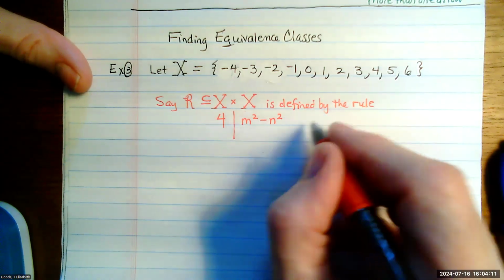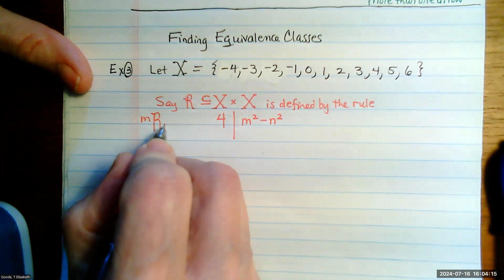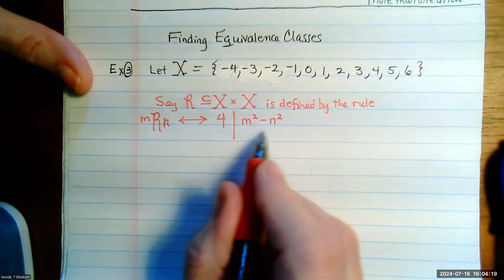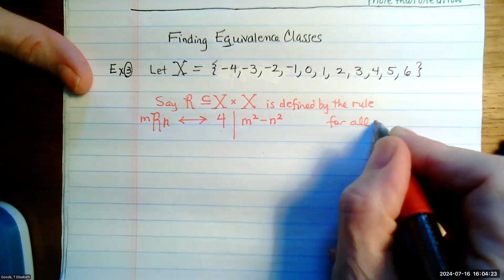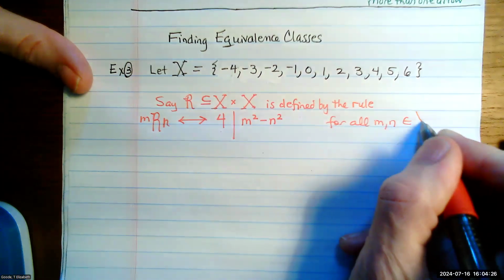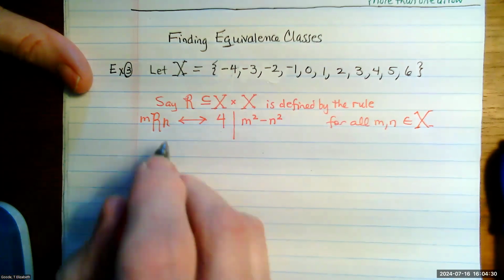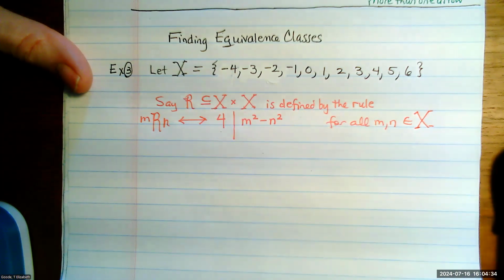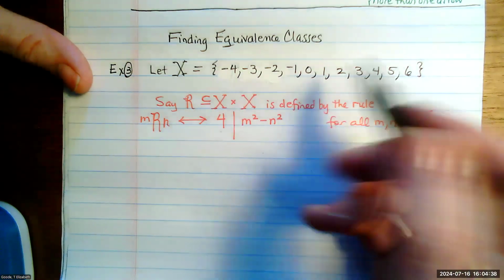In other words, m is R to n if and only if 4 divides m squared minus n squared, for all elements little m and little n in X. How does that look? Let's try that one. We could warm up with a few questions, like: is -4 R to 1?